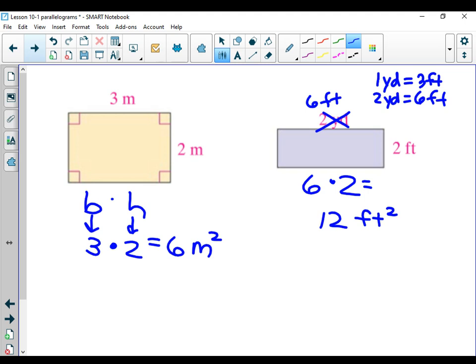Oh, sure. Both answers would be correct. Technically, we could have changed the feet to yards, but it would be a fraction or a repeating decimal, and a lot of people go, oh, I don't want to do that. So the whole number one was a tiny bit easier for this one.